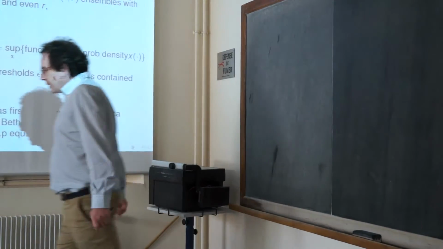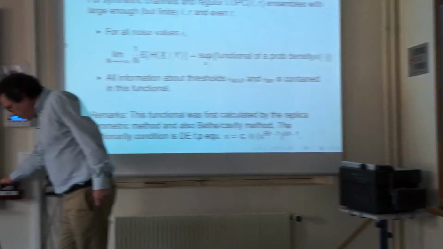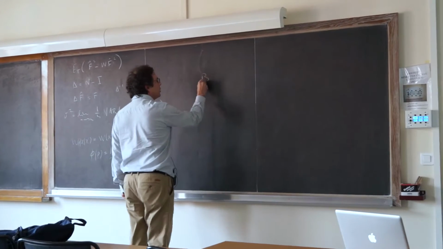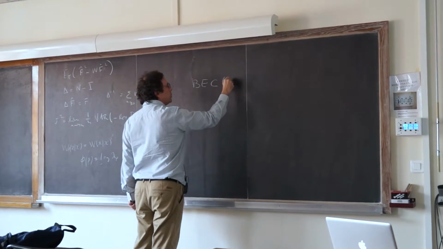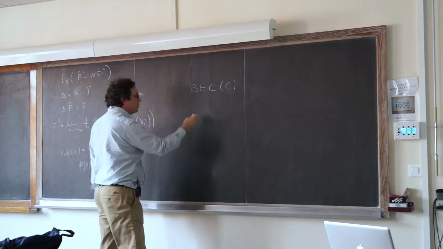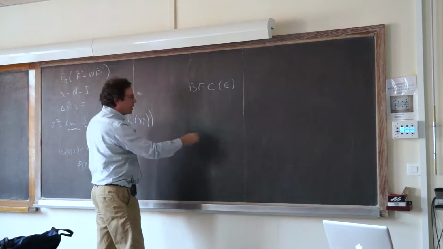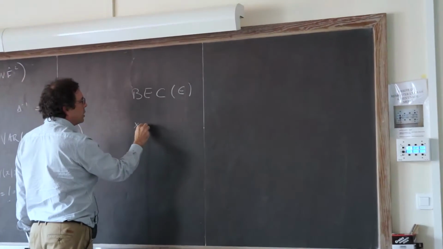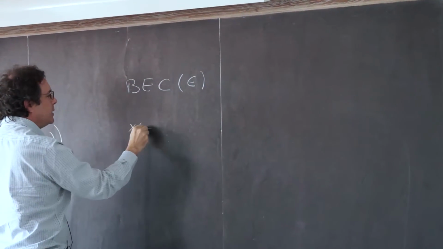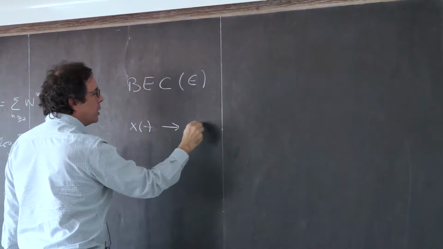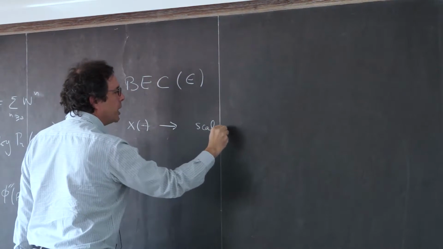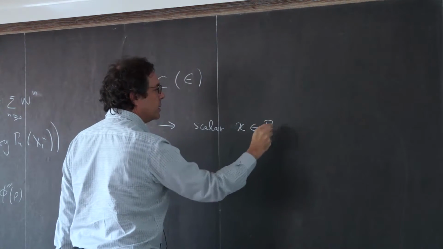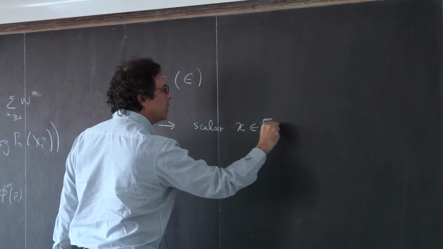But since we had the tutorial of Henri and I guess Rudiger also spoke of the BEC channel. In the case of a binary erasure channel with erasure probability epsilon, this equation I'm writing down is a scalar equation. So this probability density can in fact be described by a scalar variable x in [0, 1].